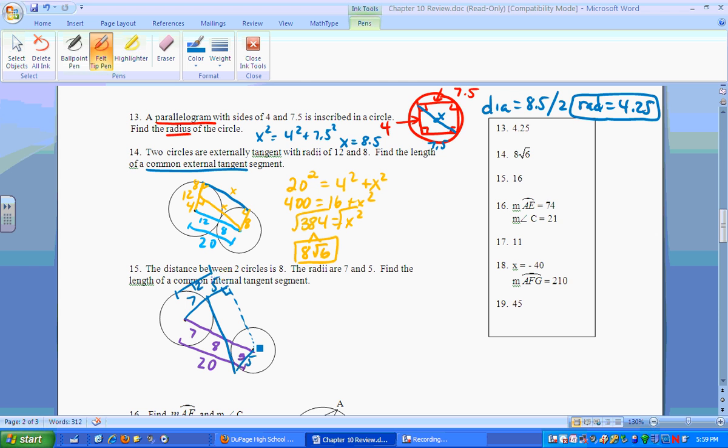And we want to find the common internal tangent. So we can do Pythagorean theorem of 12 squared is equal to 20 squared plus x squared. Or no, this is a perfect 12, 16, 20 right triangle. So the missing side ends up being 16 of what we're looking for.